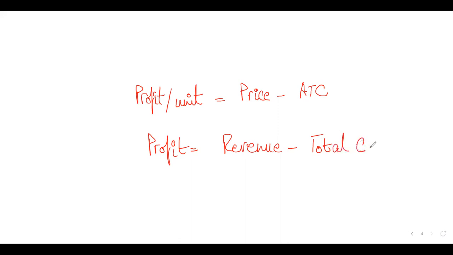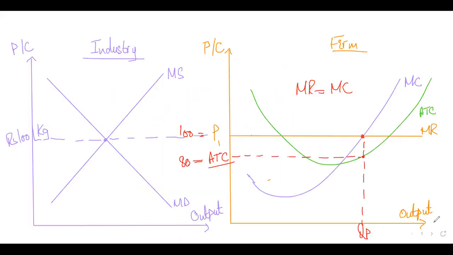Okay. Now let's go back and see whether the firm is making profit or loss on the graph. If you're selling it for 100, costing you 80, your per unit profit is 20 rupees. Yes or no? And how much quantity are you selling?